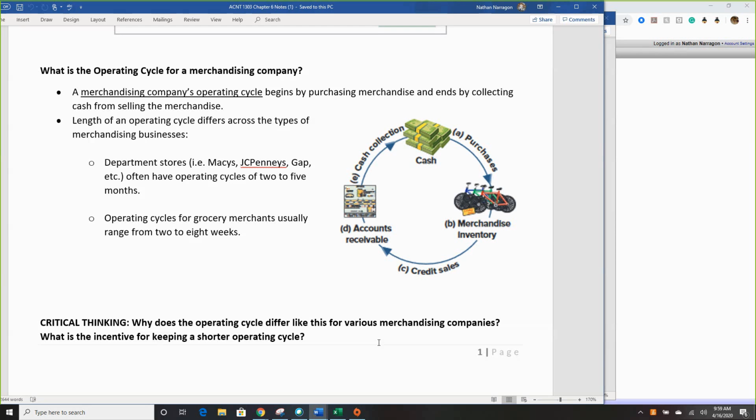Then we have our accounts receivable, we bill, and eventually customers will pay us money, and we get our cash back. And that's the cycle. Operating cycles are going to be different depending on the retailer or wholesaler, and how quickly they need to turn over or complete the cycle.